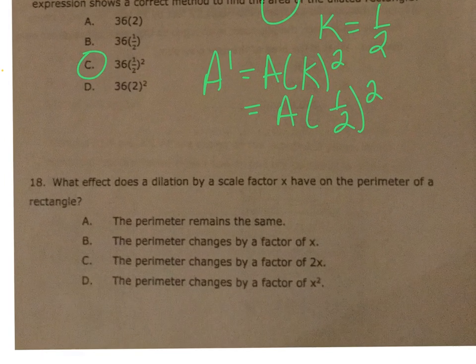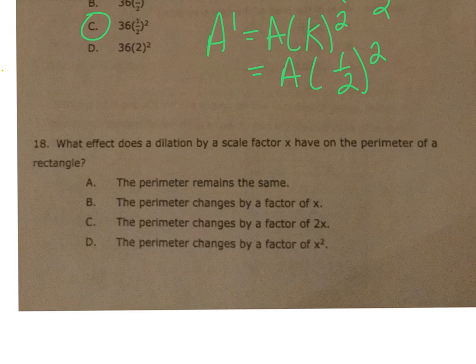Okay, and then finally, 18 asks if I have some scale factor x. Okay, and I'm doing perimeter. So I know that for the perimeter, I just multiply by the scale factor. Okay, so the perimeter is not going to be the same, not unless that scale factor is 1, which it's not going to be.